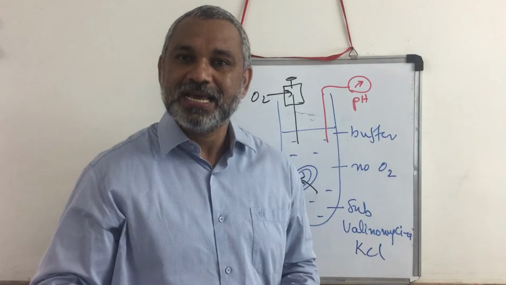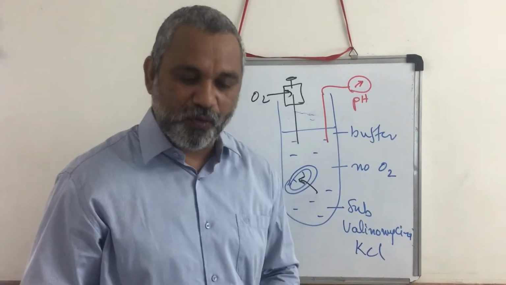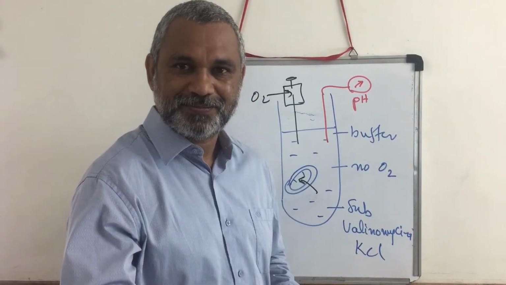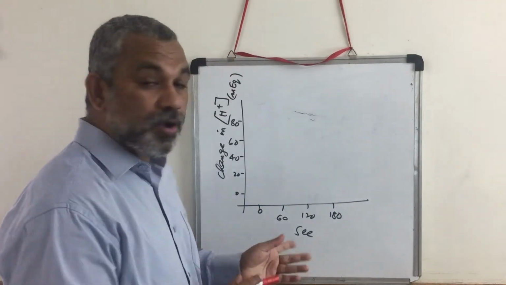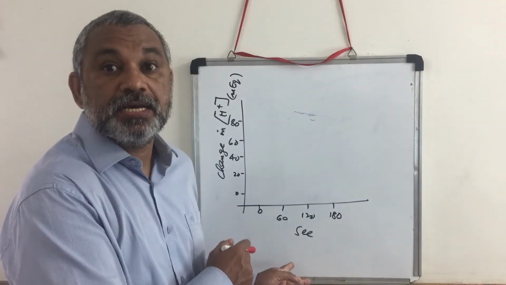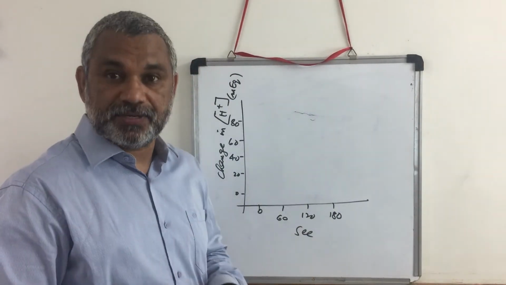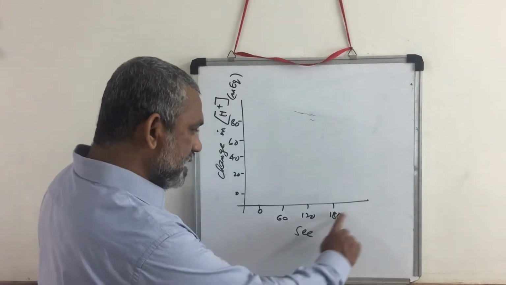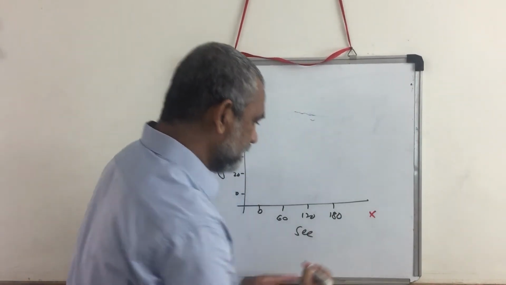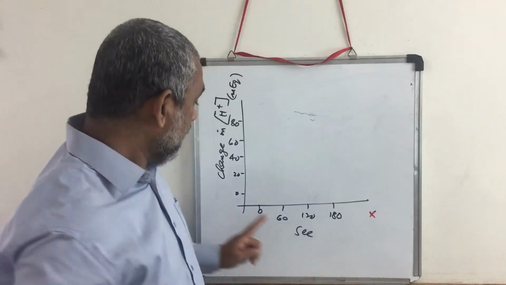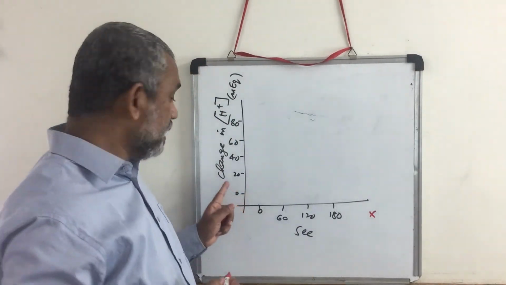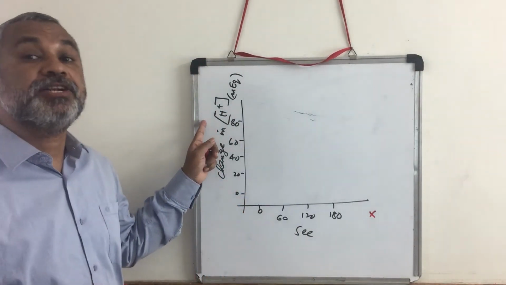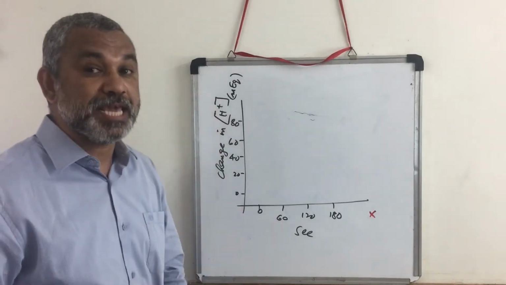So let us represent this in the form of a graph. This is the decay curve. On the x-axis we take time, and on the y-axis we take change in hydrogen ion concentration in milli-equivalent.